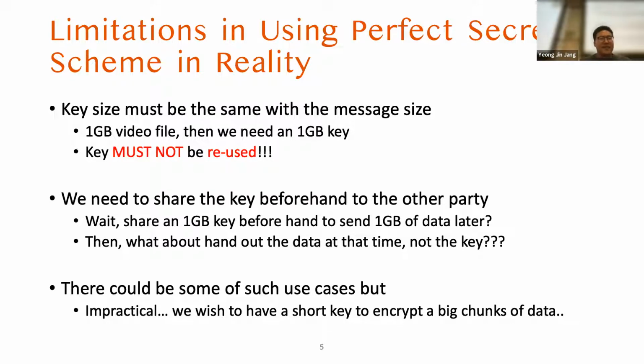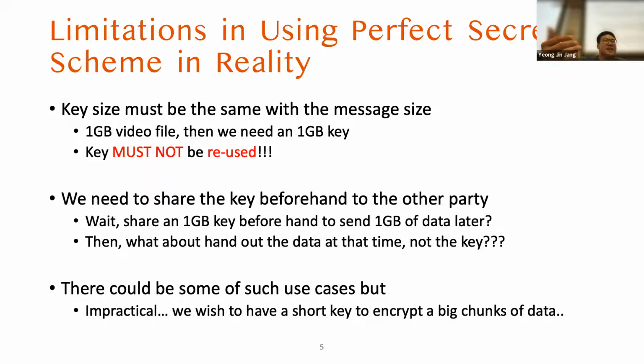I know there could be some use cases for this kind of thing. For example, if the 1 GB of data is not available today, then today you can share the key first, and later, after downloading that 1 GB of video, you can send it using the key.